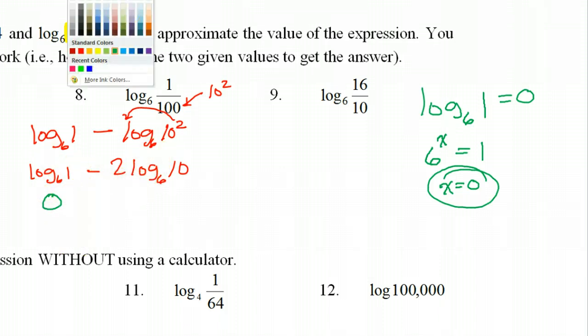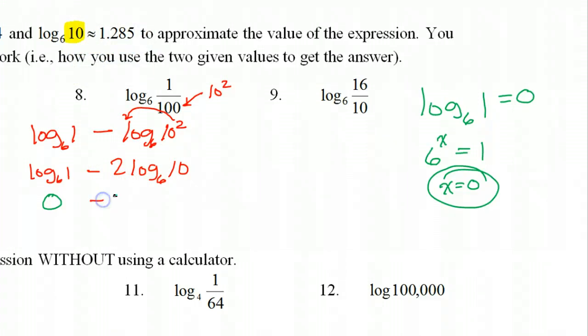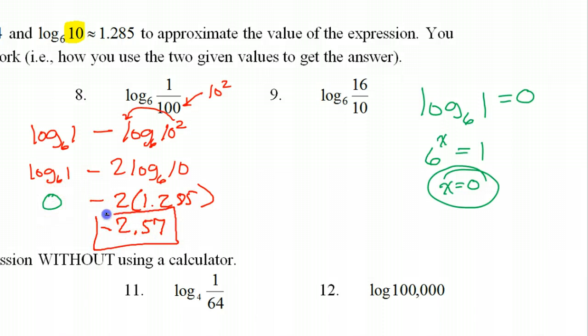In the meantime, we have minus 2 times log base 6 of 10, which we know is 1.285. Negative 2 times 1.285 is negative 2.57. Of course the 0, you can just erase it. So that is the answer for number 8.